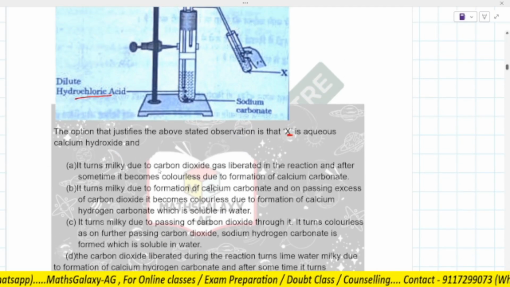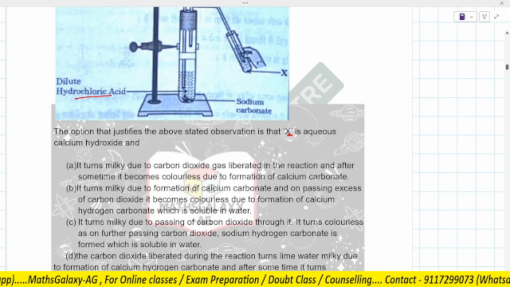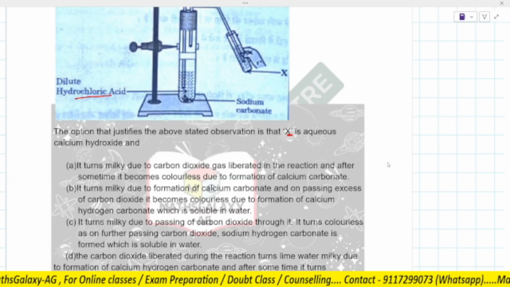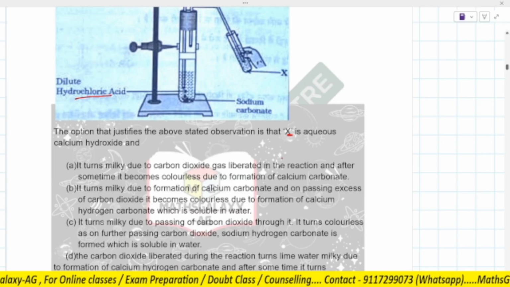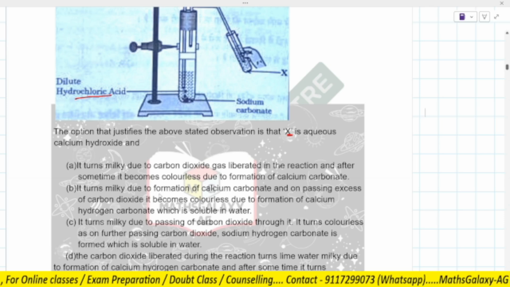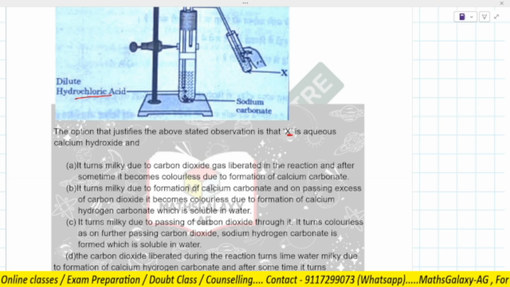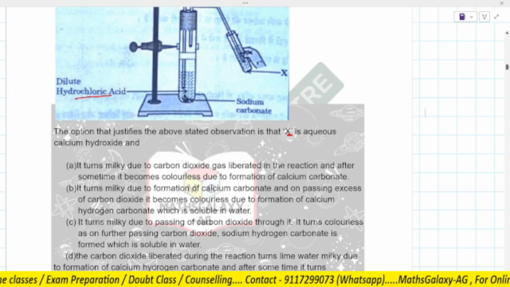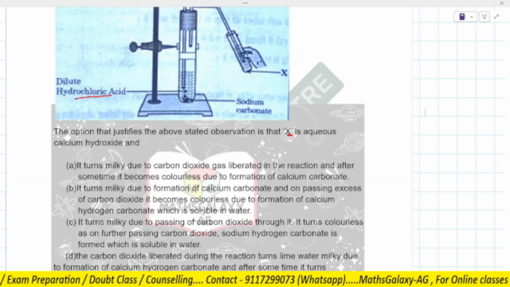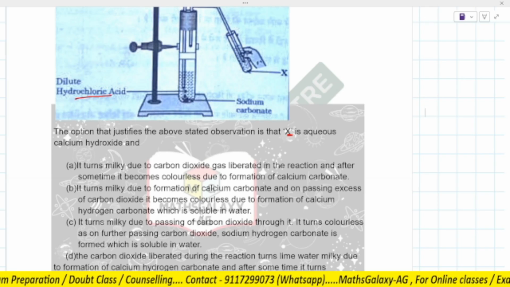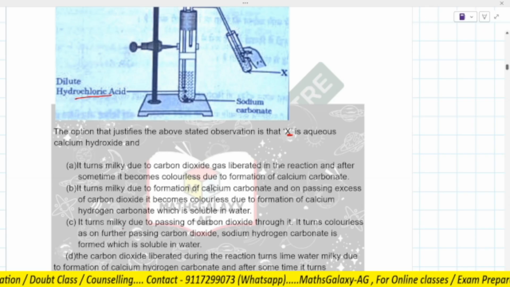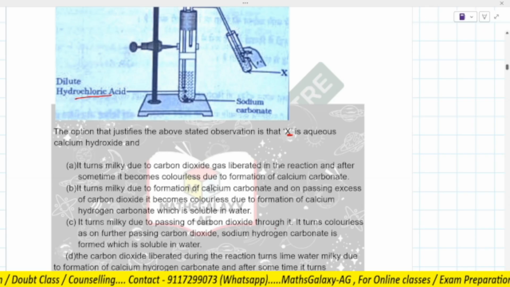It turns milky due to carbon dioxide liberated in the reaction, and after some time it becomes colorless due to the formation of calcium carbonate. Second: it turns milky due to formation of calcium carbonate, and on passing excess carbon dioxide it becomes colorless due to formation of calcium hydrogen carbonate, which is soluble in water. Third: it turns milky due to passing of carbon dioxide through it.